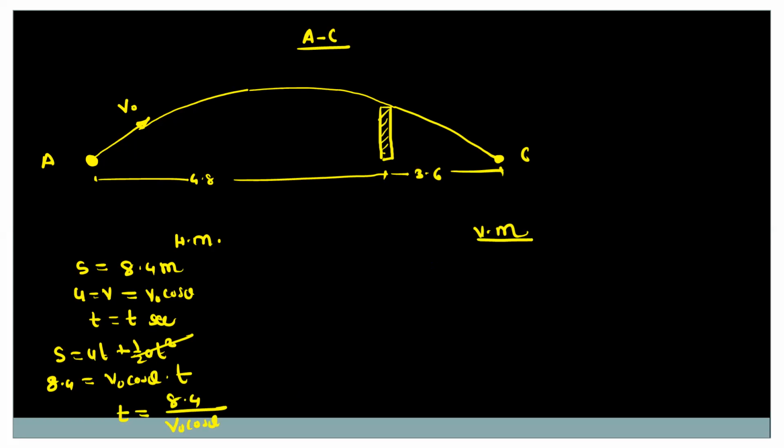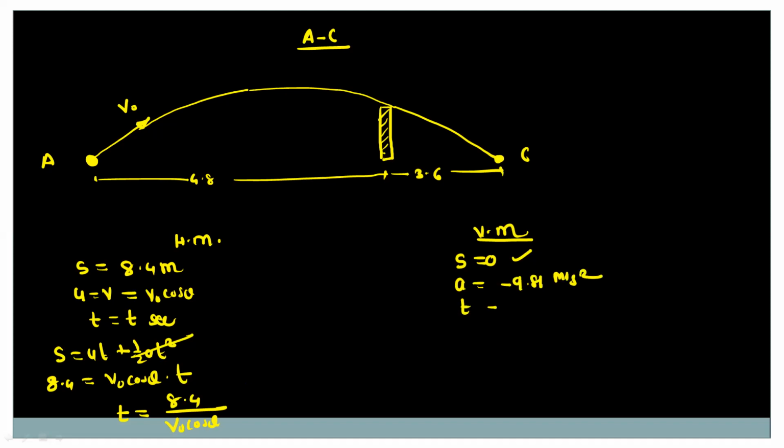Now consider the vertical motion from point A to C. So for A to C, the net displacement is equal to 0. So S is equal to 0. So why is this 0? Because point A and point C are lying on the same horizontal plane or the same line. Okay, so net displacement is 0. Then acceleration is minus 9.81 meter per second square.